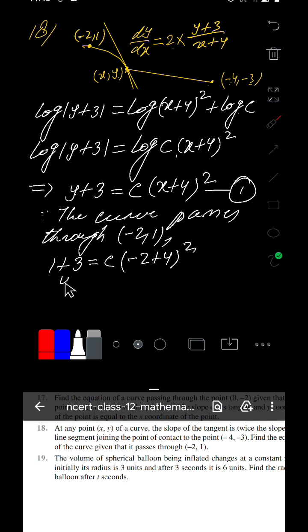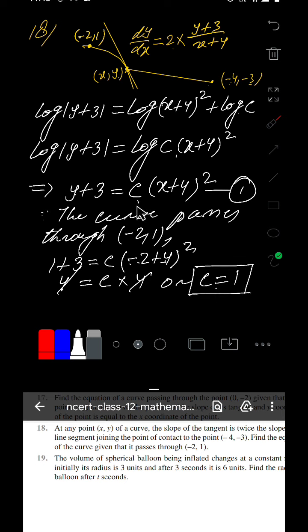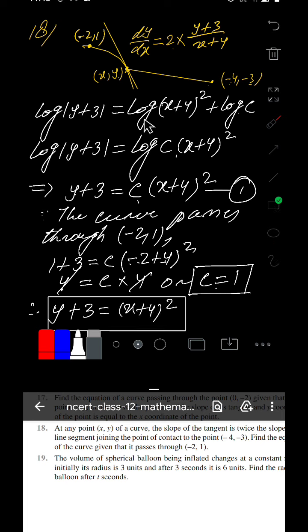So 1 plus 3 is 4, and minus 2 plus 4 is 2. 2 square is 4, and 4 is cancelled by 4. So we have c is equal to 1. Putting this value in equation number 1, we get the required equation of the curve, that is y plus 3 is equal to x plus 4 square. So this is the required equation of the curve.